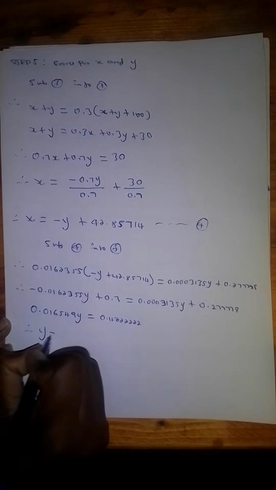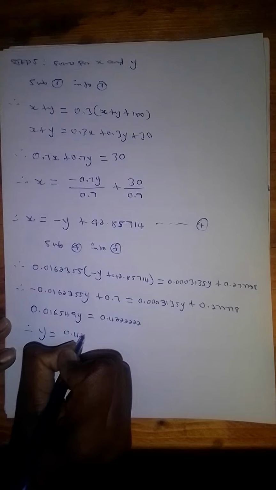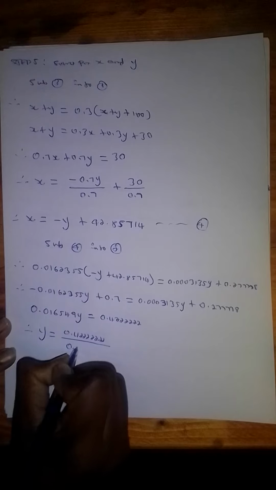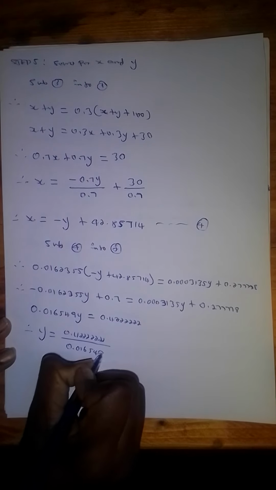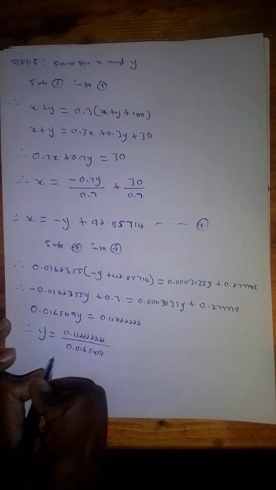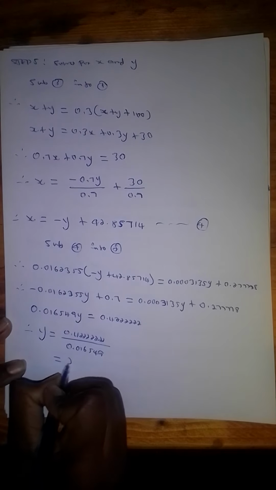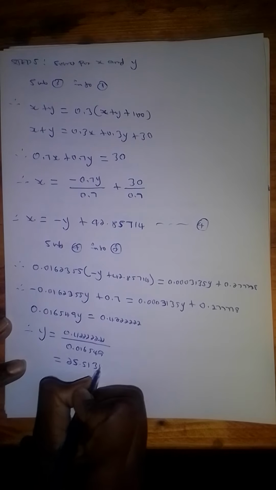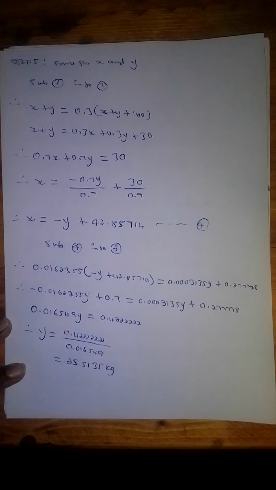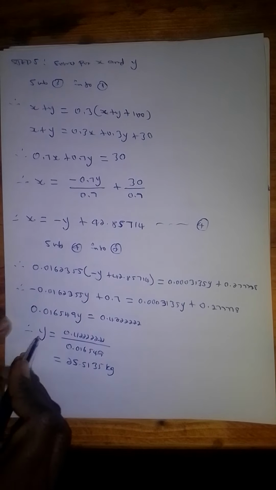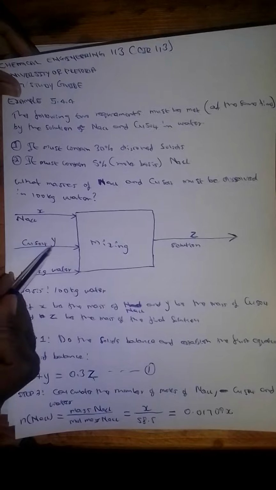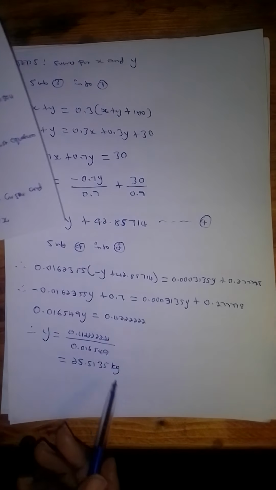Therefore, y equals 0.422222 over 0.016549, and if you do the calculation, it gives us a y of 25.5135 kilograms. That means our CuSO4 is actually 25.5135 kilograms.